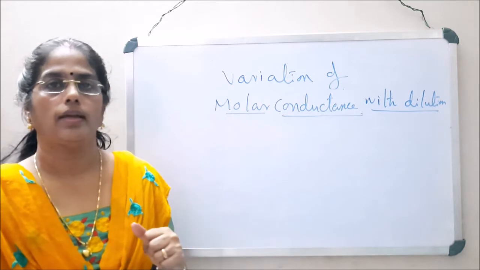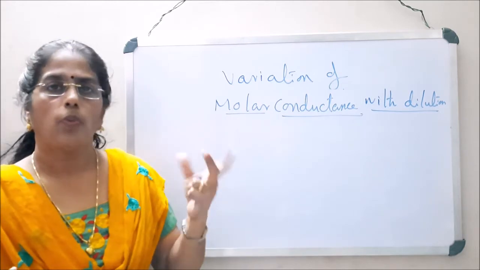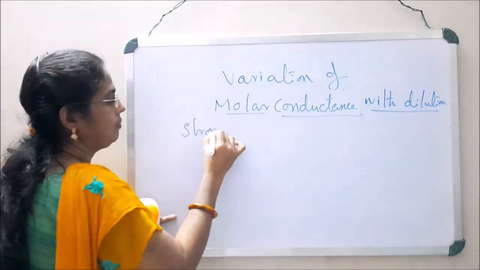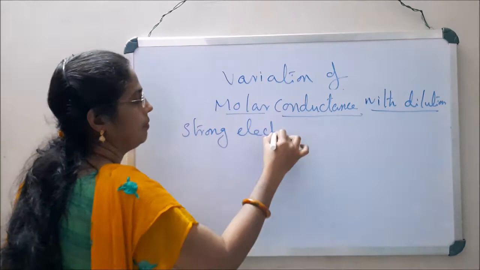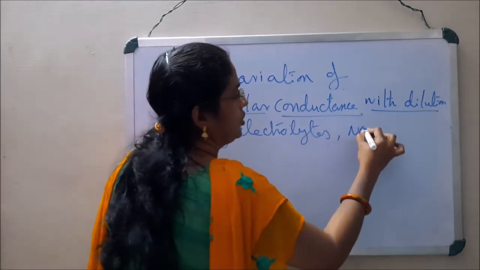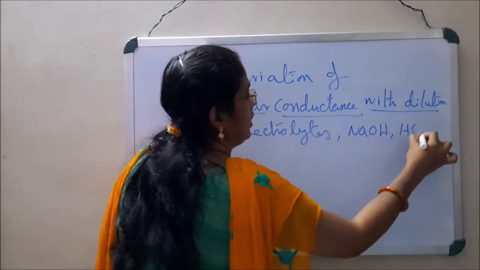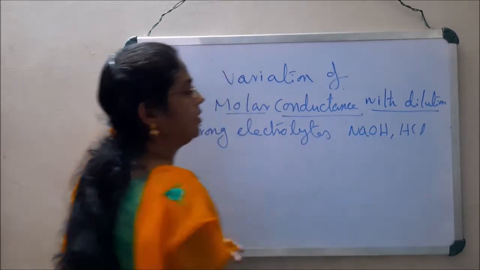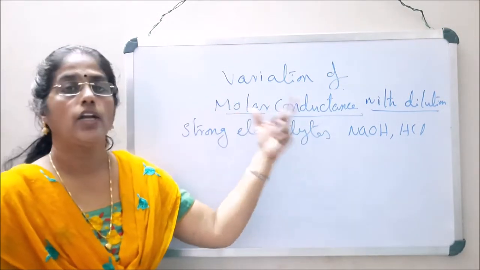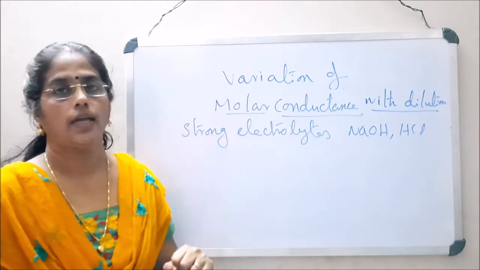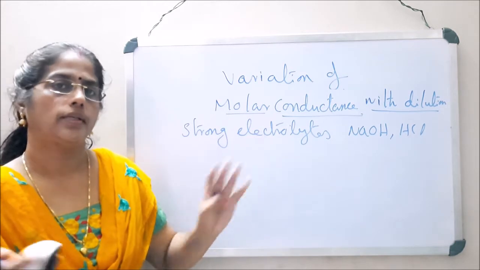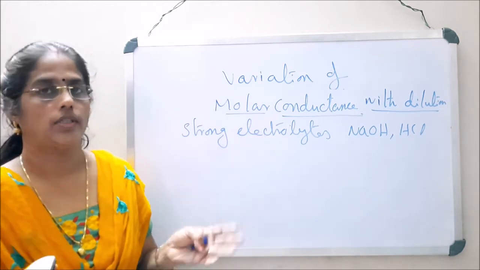As total volume increases, there are two possibilities. That is, in the case of strong electrolytes, for example, NaOH, HCl, etc., the speed of the ions increases with the dilution because strong electrolytes are completely ionized in the concentrated solution itself.